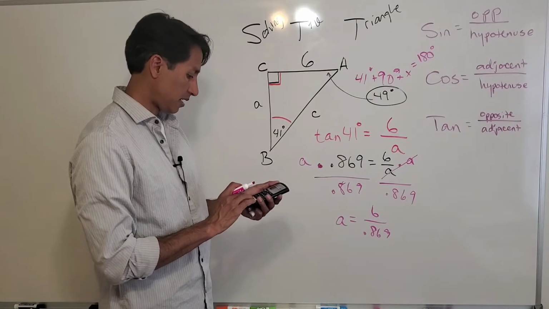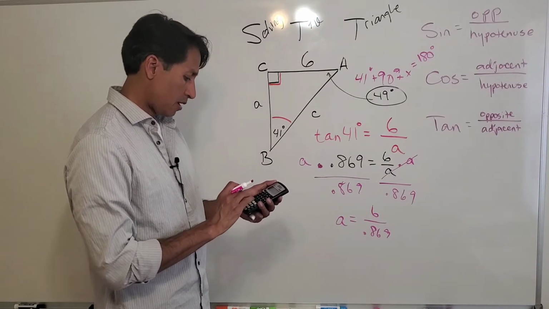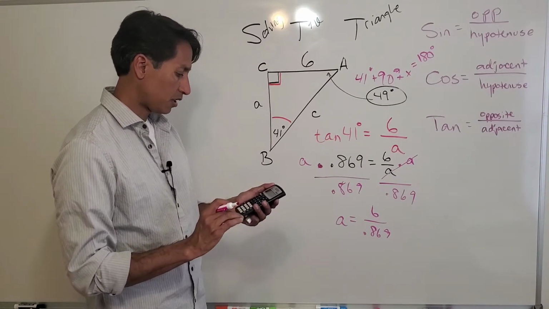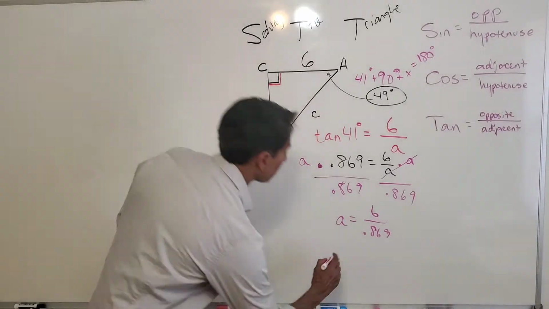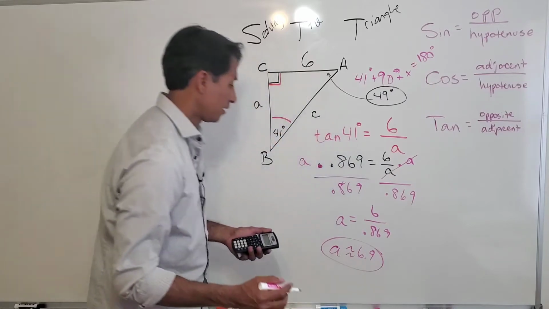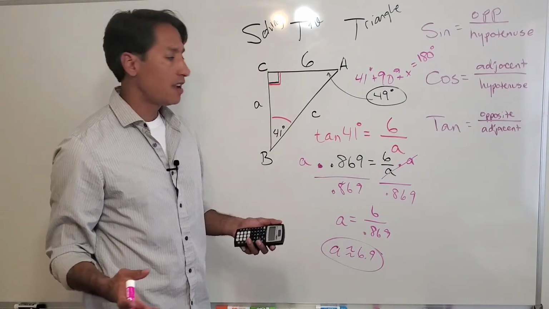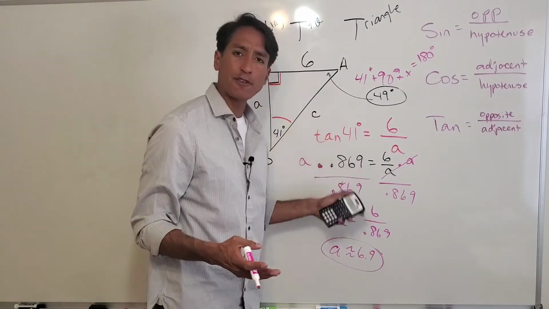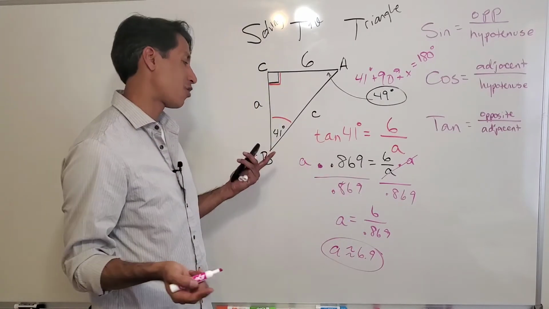So 6 divided by 0.869 is approximately 6.9. You might have done this part differently. I wanted to show you that's usually the quickest method.